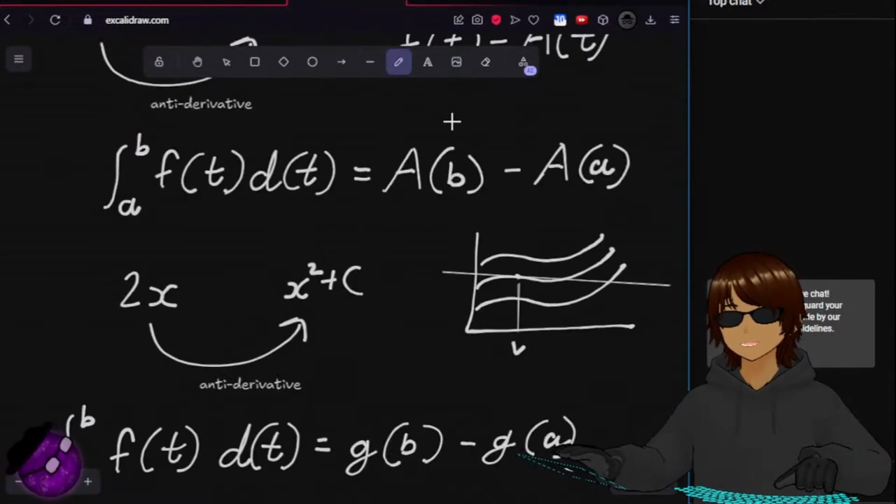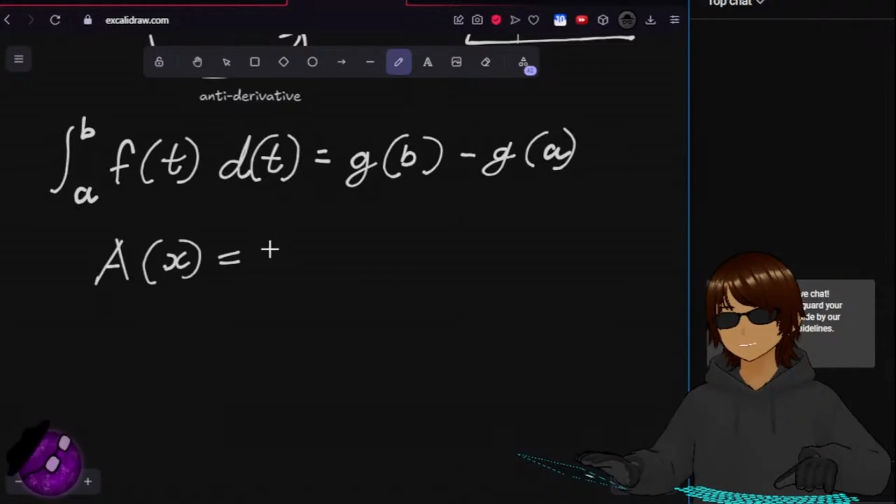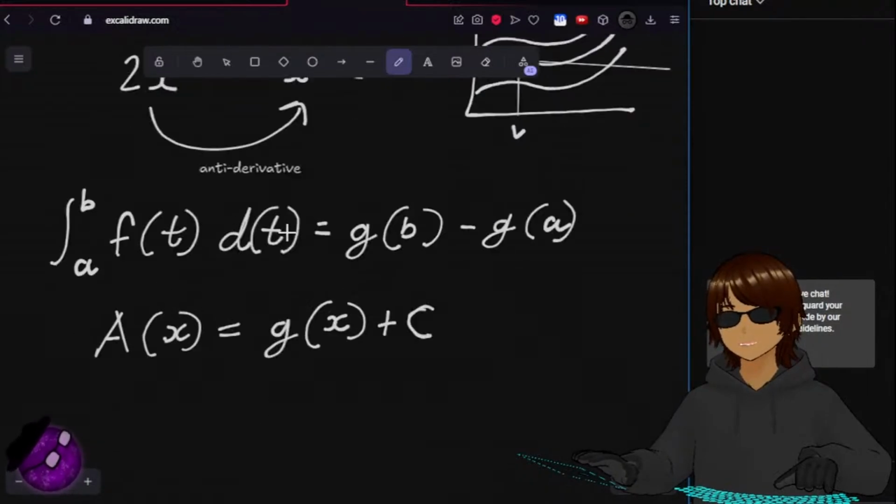So if you have the antiderivative at a particular point x, it would be this. I'm adding a c because we don't know the from point. The y-intercept is unknown.